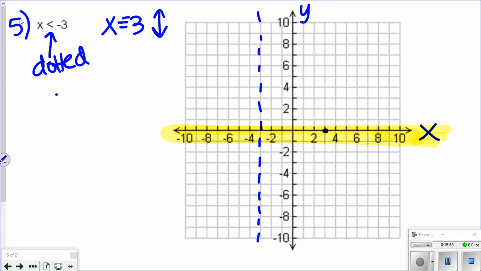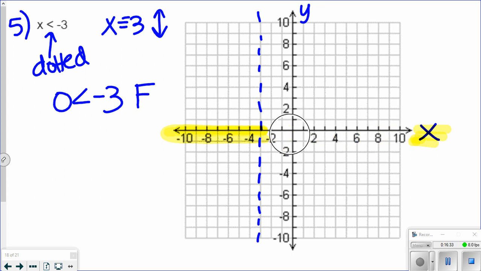So, for shading purposes, it still stands the same. Is 10 less than -3? No. Okay. Is 6 less than -3? No. Is 0 less than -3? Nope, still false. What about -4, -5, -7, -10? Are those less than -3? Yes.